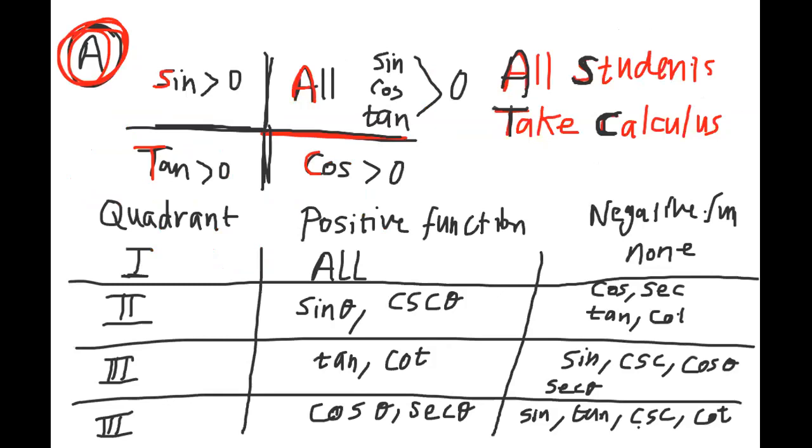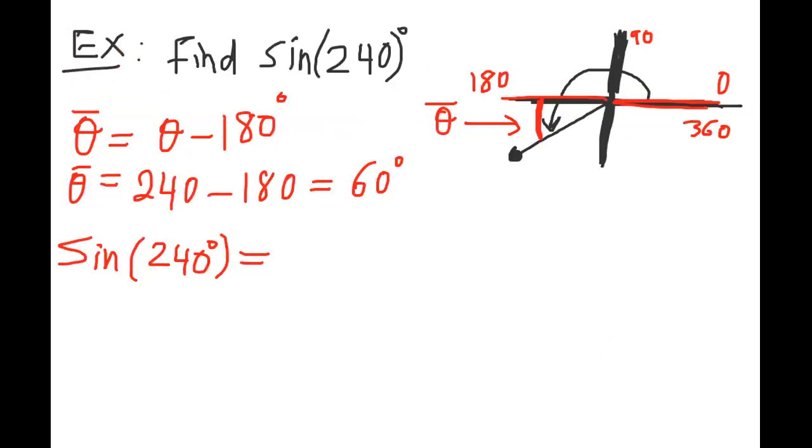By using this, in the third quadrant only tan is positive. That means the sine is negative in this quadrant. Go back to the question. So that means the sine is negative. This is the first step we put.